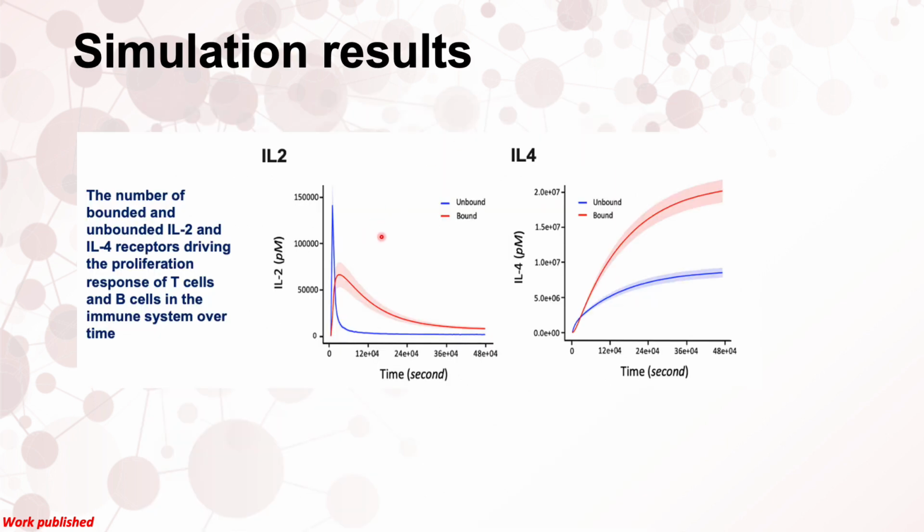We first evaluate our MMQE model in terms of the interaction between IL-2 and IL-4. IL-2 shows a rapid association rate with its receptor, and IL-4 presents a slower association rate with its receptor IL-4R.